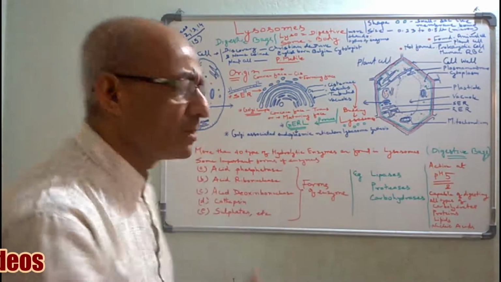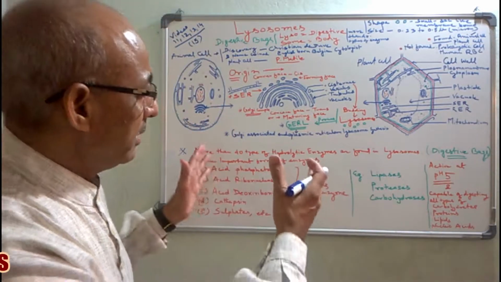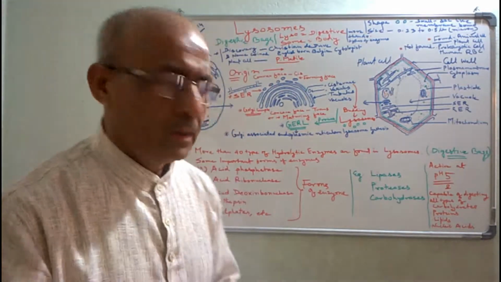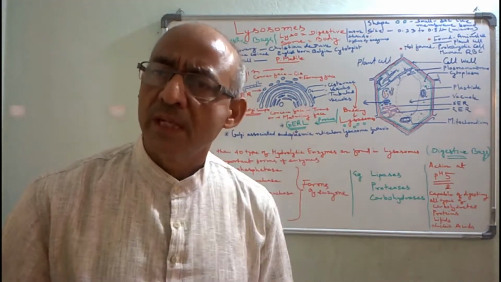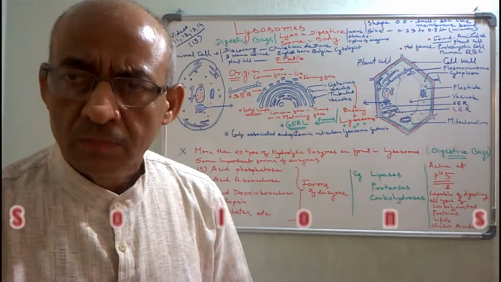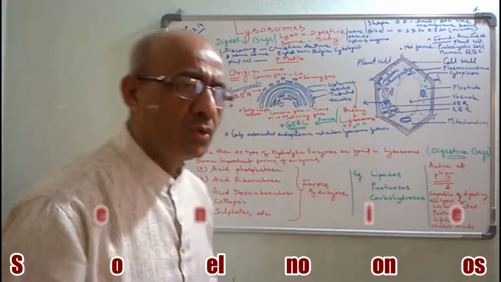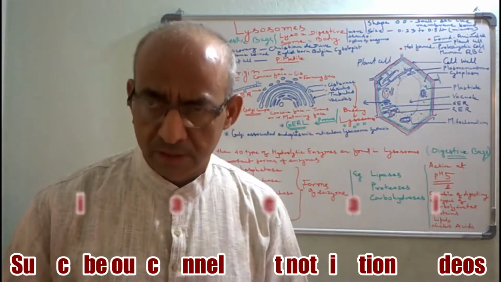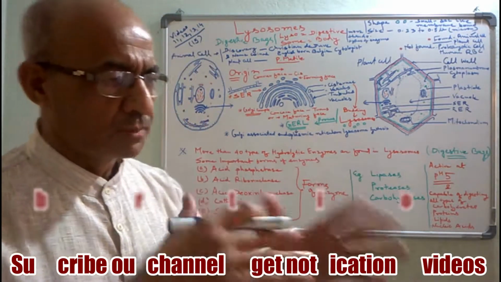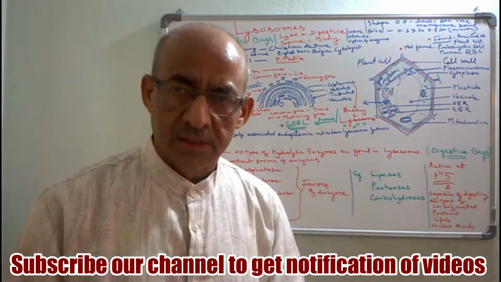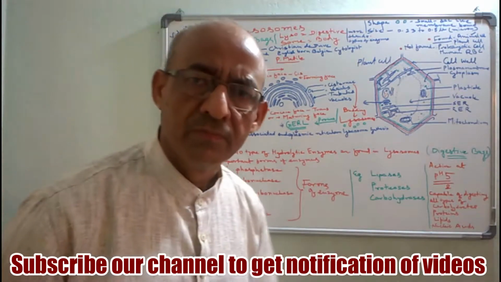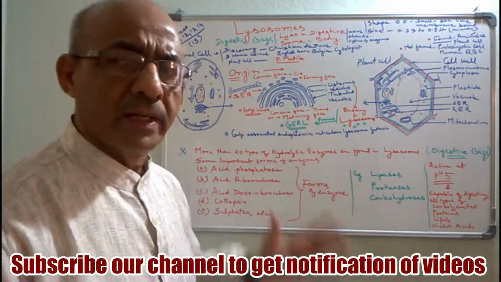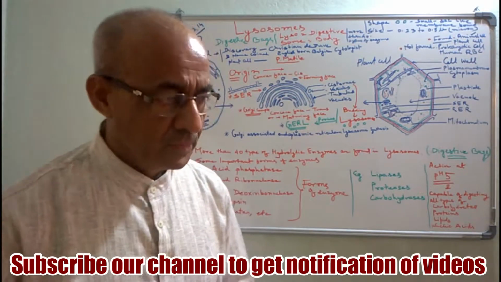Due to the presence of a number of hydrolytic enzymes inside them, they are capable of digesting all the contents of the cells. This is the reason they are called digestive bag.